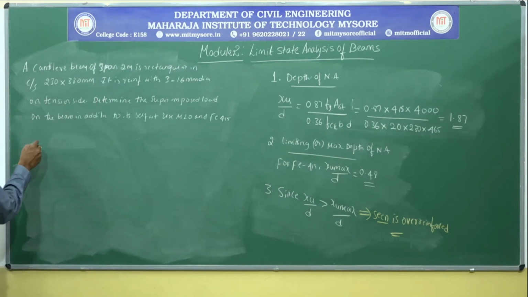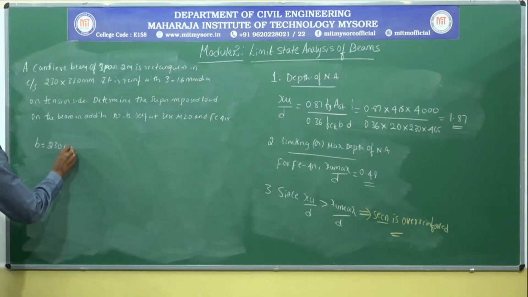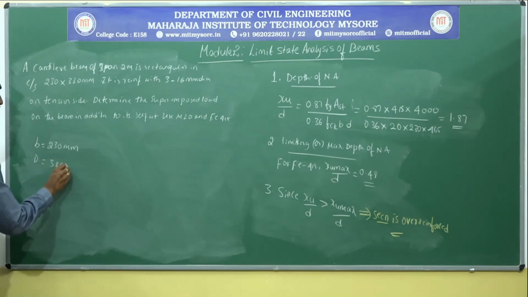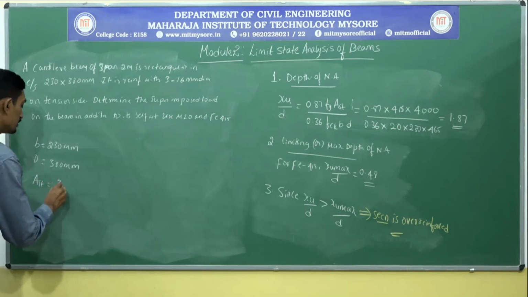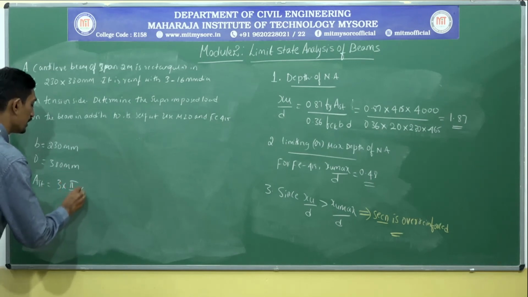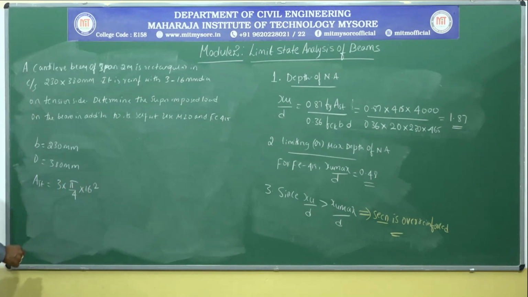Okay, so the data are, once again write down, B is equal to 230 millimeter, overall depth 380 millimeter. And once again they have been given AST in numbers and bar, that is 3 into pi by 4 into 16 square.